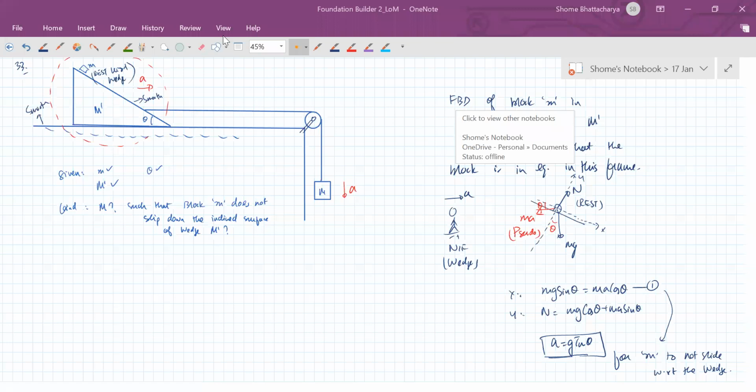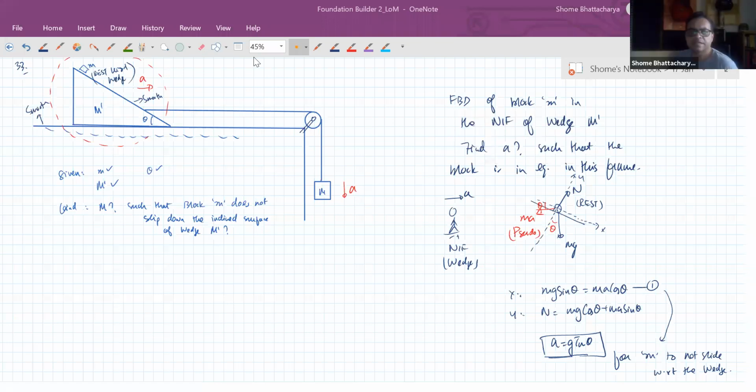Now next thing, we have to find the value of m so that this acceleration is g tan theta.